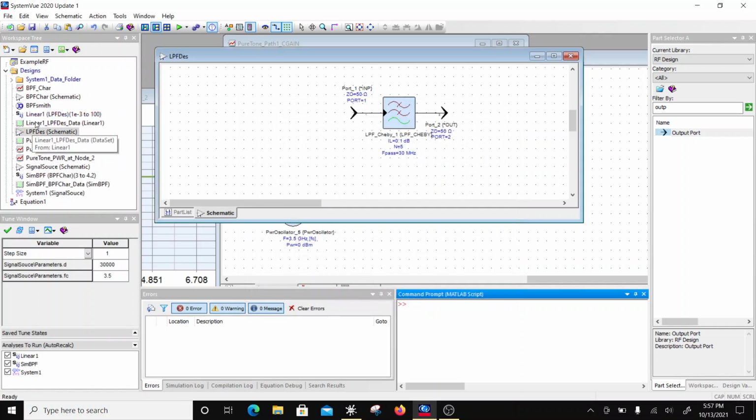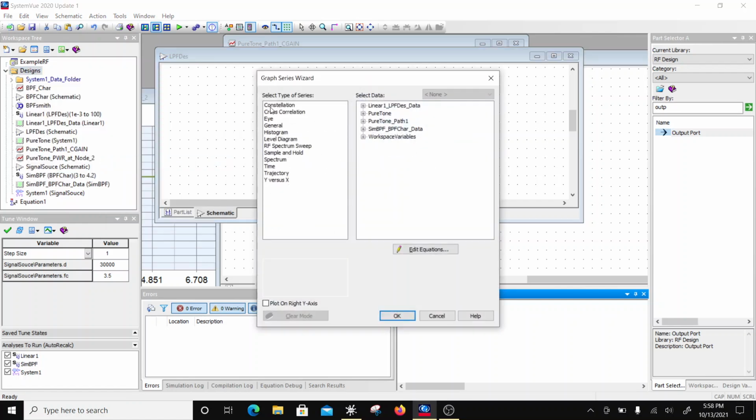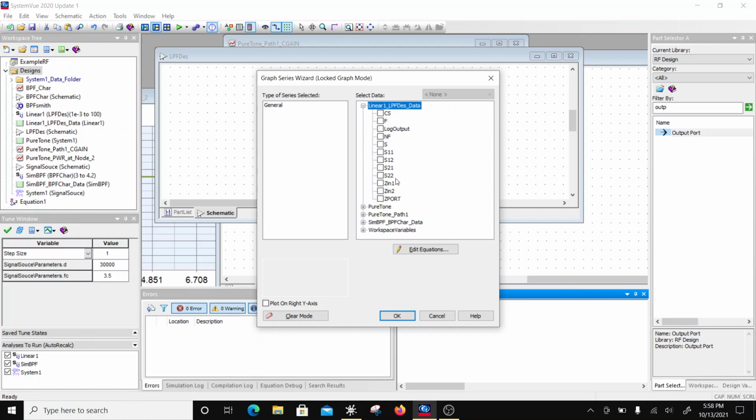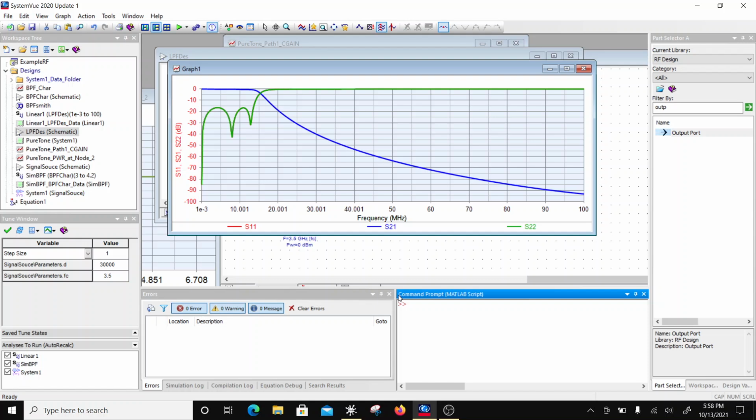Once this analysis is done, I'll go here, add a graph, and look at the result in the general linear LPF design. Under that, I'll look at S21, S11, and S22, and say OK.